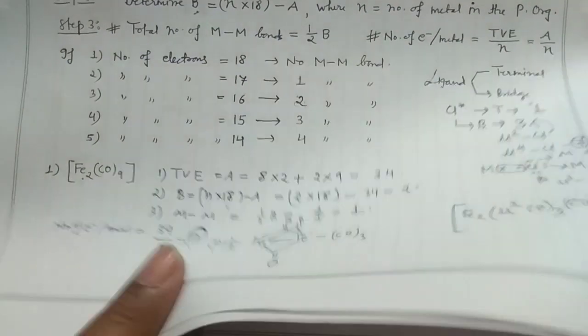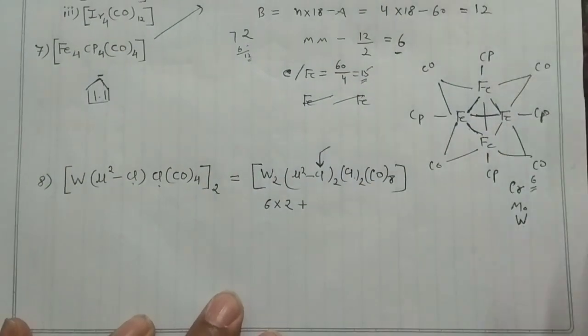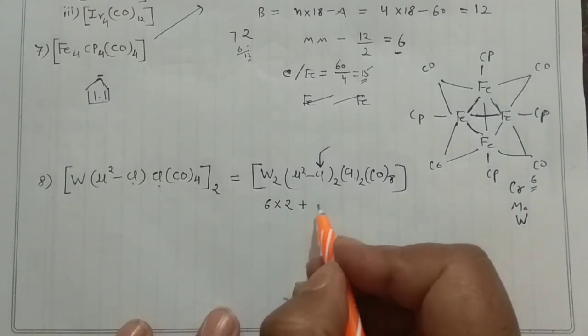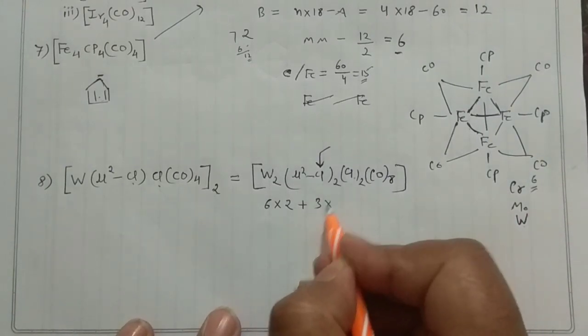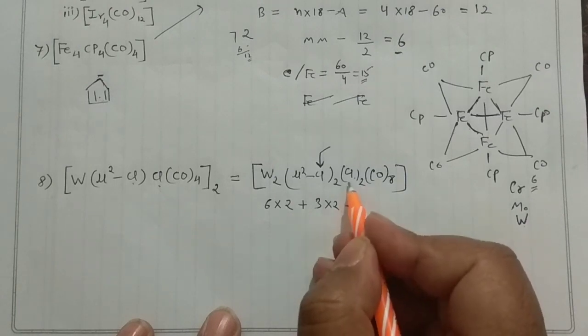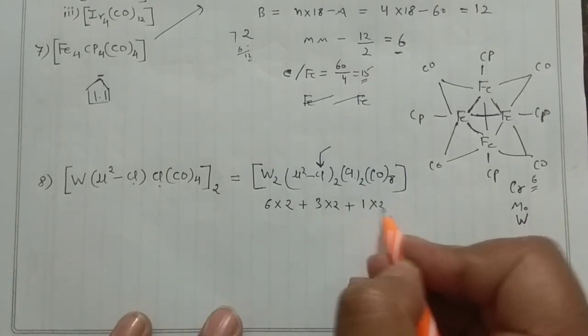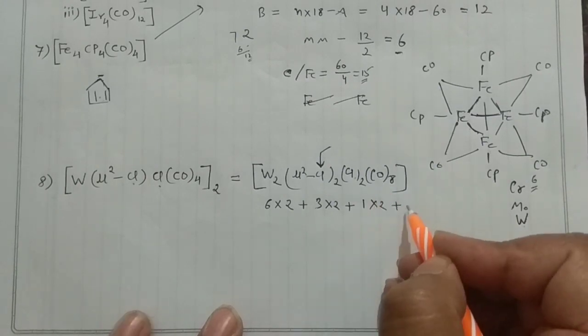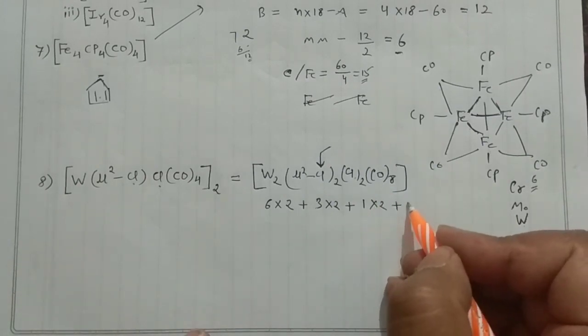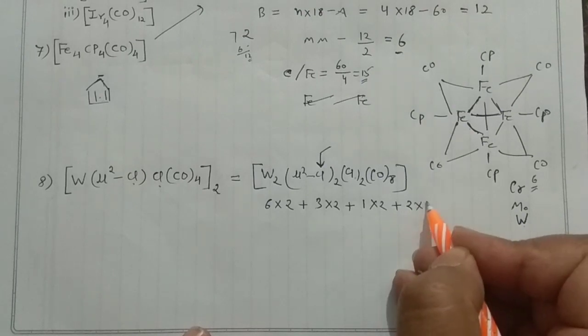This you should remember. So it will contribute 3 electrons, and it is present twice. And when it is terminal, it will provide only 1 electron. It is present 2 times. And carbonyl, it doesn't matter whether it is terminal or non-terminal, it will always give 2 electrons.